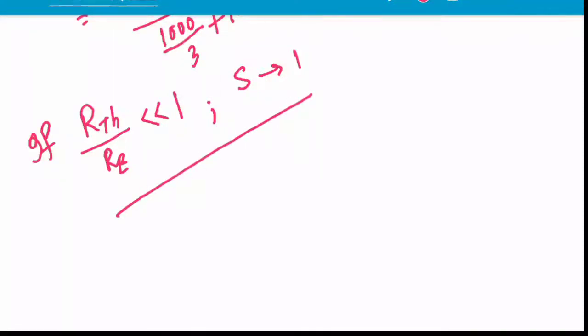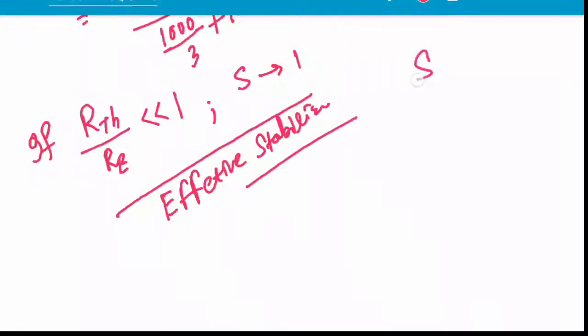This is called effective stabilization, because we know that S value should be less than 20, and here we are getting very less, that is tends to 1. So this is effective stabilization.